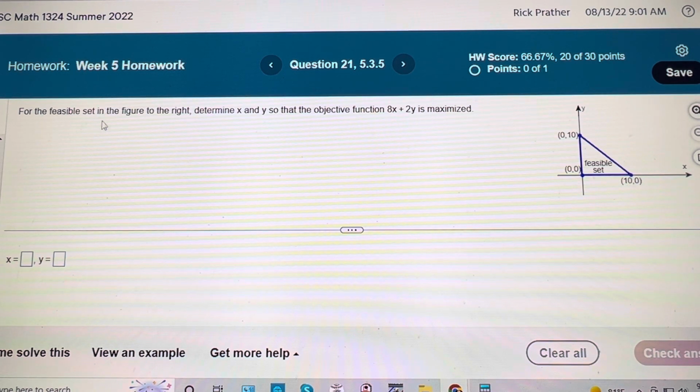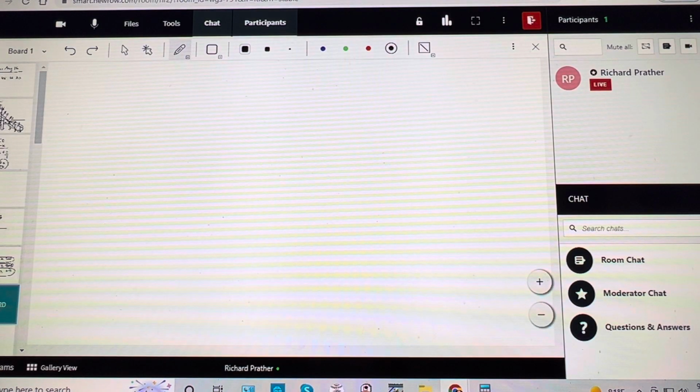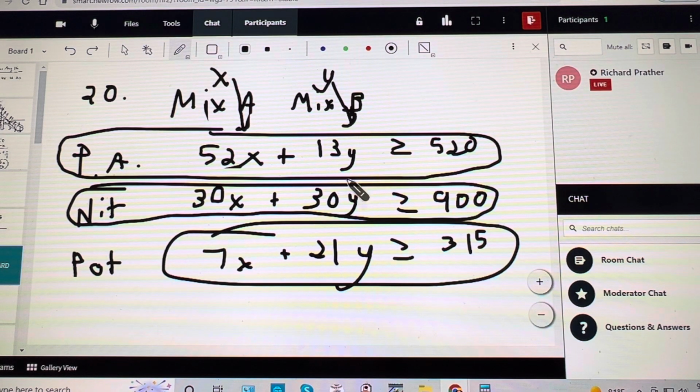So it says determine x and y so the objective function is maximized. So here they only care about the maximum. The objective function, this is the equation they haven't given you yet. In section 5.2, they never gave you this. So usually what happens is you get this kind of a deal going on. And then usually there's what's called the objective function that these problems never gave us.